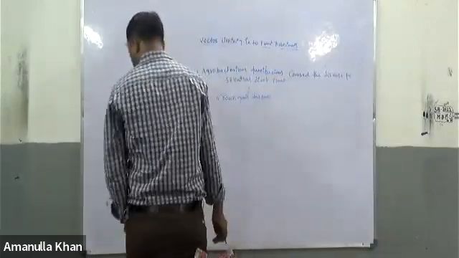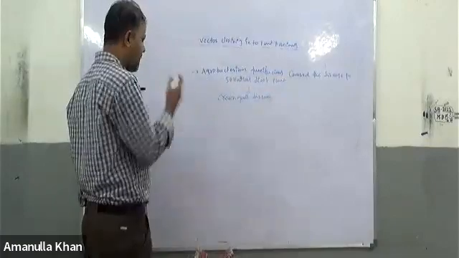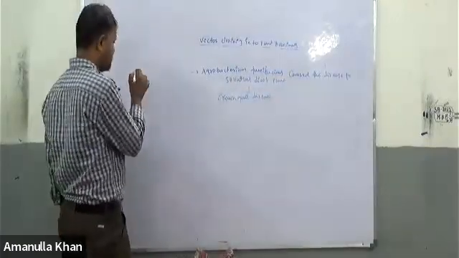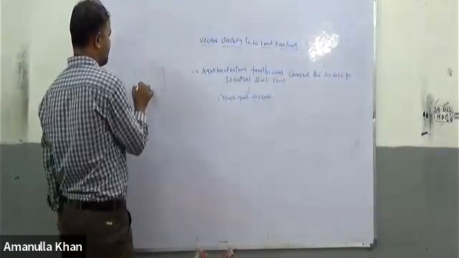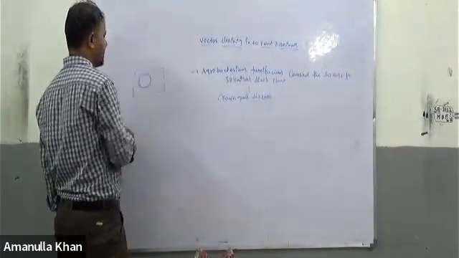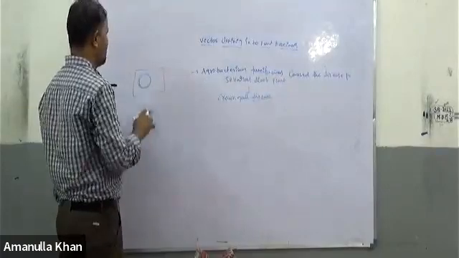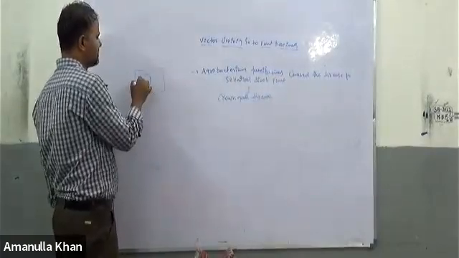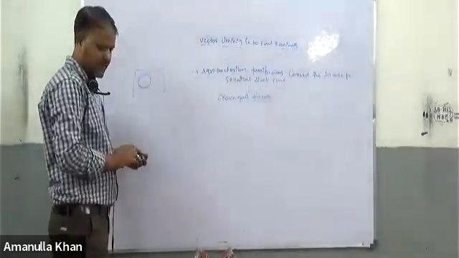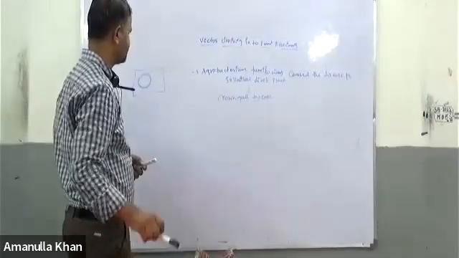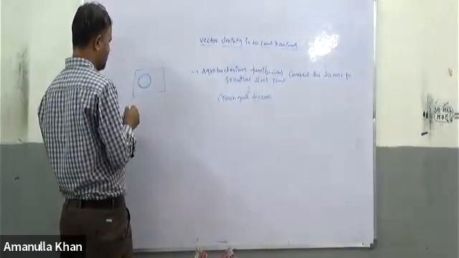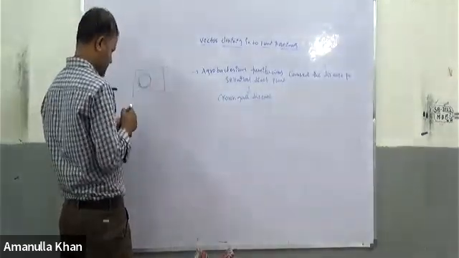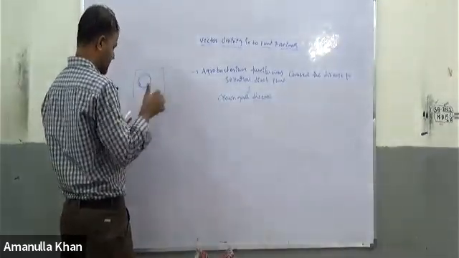Okay, now what happened? In the Agrobacterium there is a plasmid. In this plasmid there is a gene. This plasmid is called the Ti plasmid, which means in the plasmid there is a specific gene.